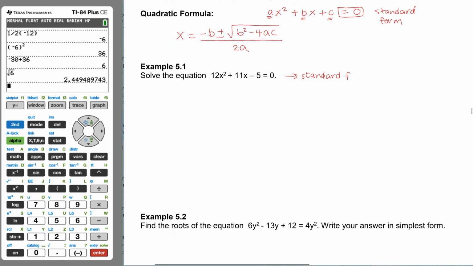My a value is equal to 12, my b value is equal to 11, my c value is equal to negative 5. Don't forget to write the negative. So a is 12, b is 11, c is negative 5.